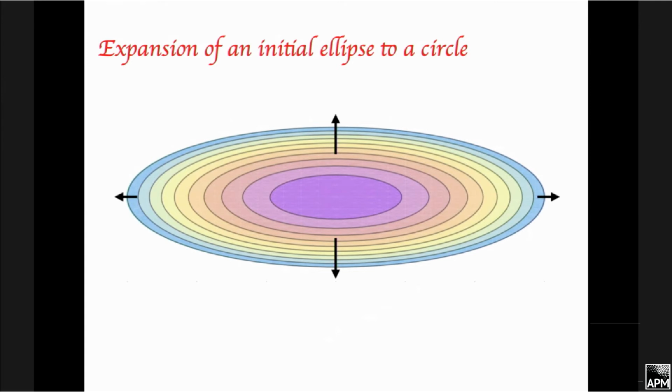Now, the black arrows indicate the pressure gradient. Because the curves are closer together at the top and the bottom, there'll be a larger pressure gradient, and it's forcing the minor axis more rapidly than it's forcing the major axis. In other words, it's turning the ellipse into a circle.